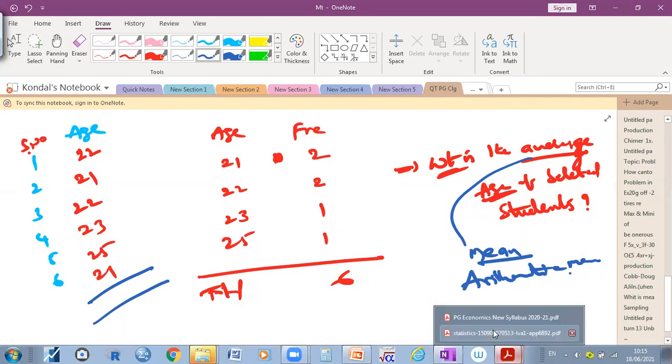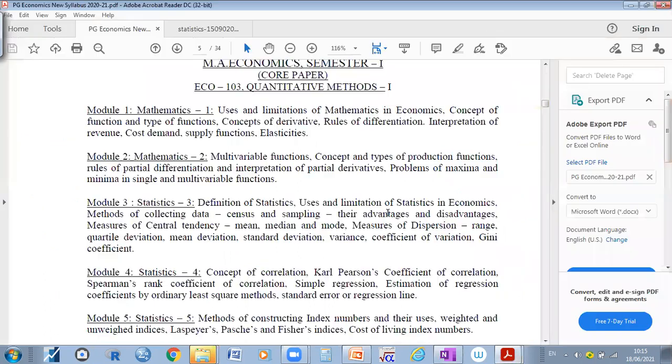Therefore, we have the syllabus like this. After completion of sampling, the sampling methods, advantages and disadvantages, then we have the measures of central tendency. So what is meant by measures of central tendency?